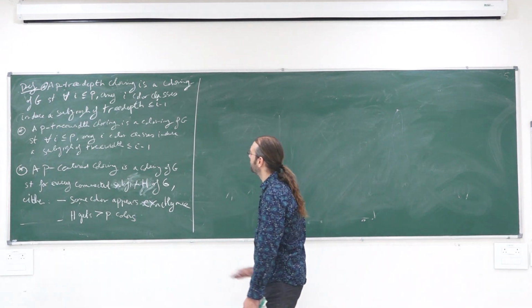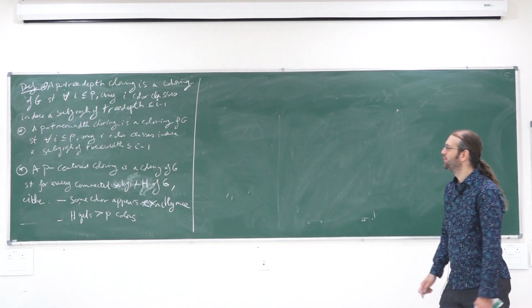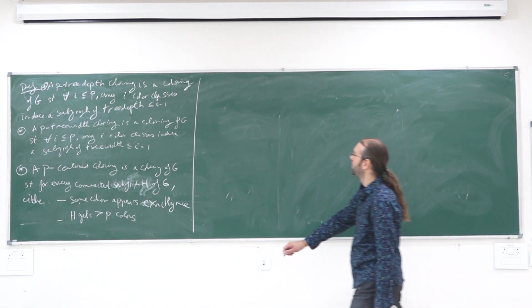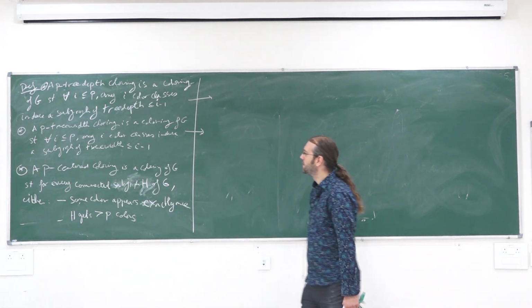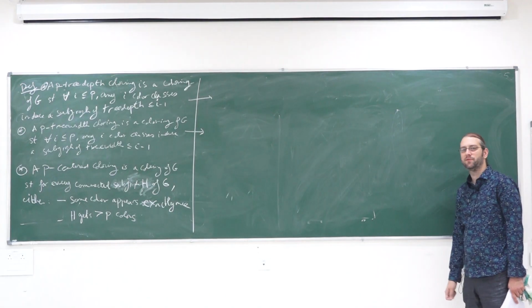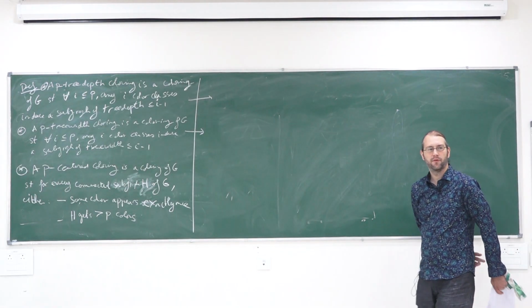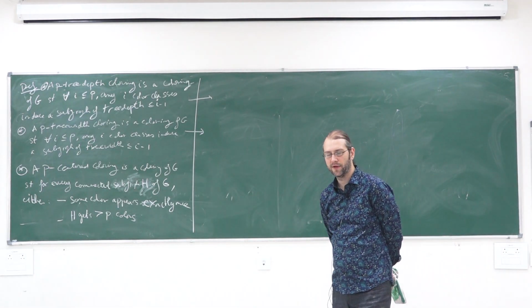Just one small remark. For those of you who like colorings, remark that this definition and this definition generalize two important types of coloring, which are called acyclic coloring and star coloring.